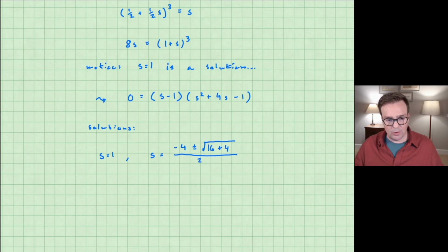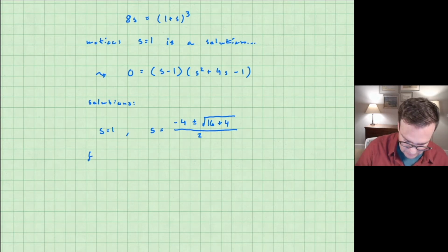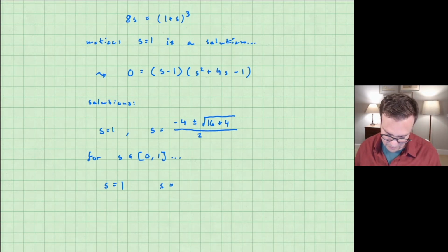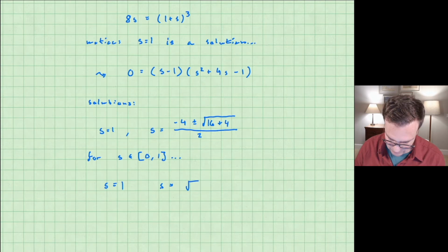But remember, we want the solutions to be in the interval 0 to 1, and so for s in this interval, we only have these solutions. S equals 1, and s is equal to, so what is this? 16 plus 4 is 20, divided by 4 is 5. So we've got square root of 5 minus 2.